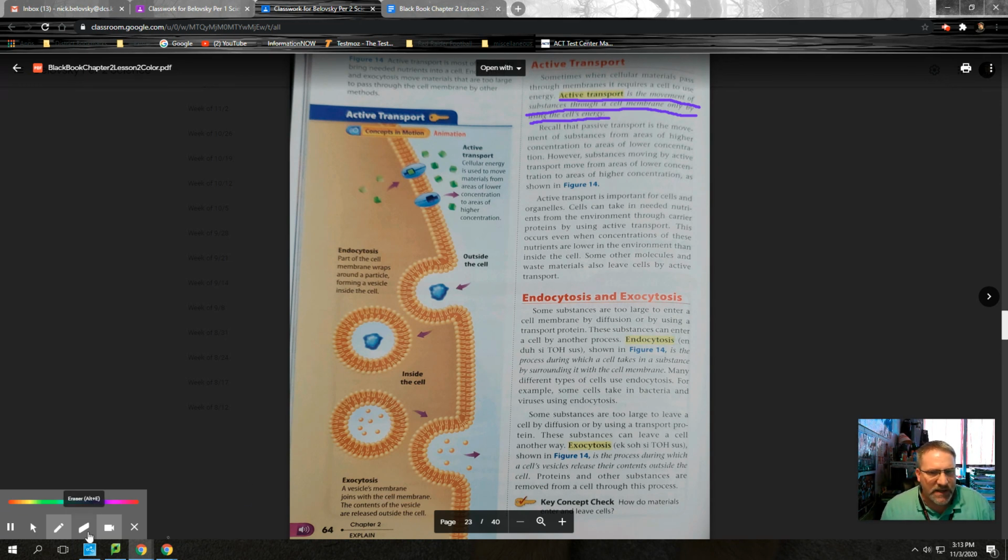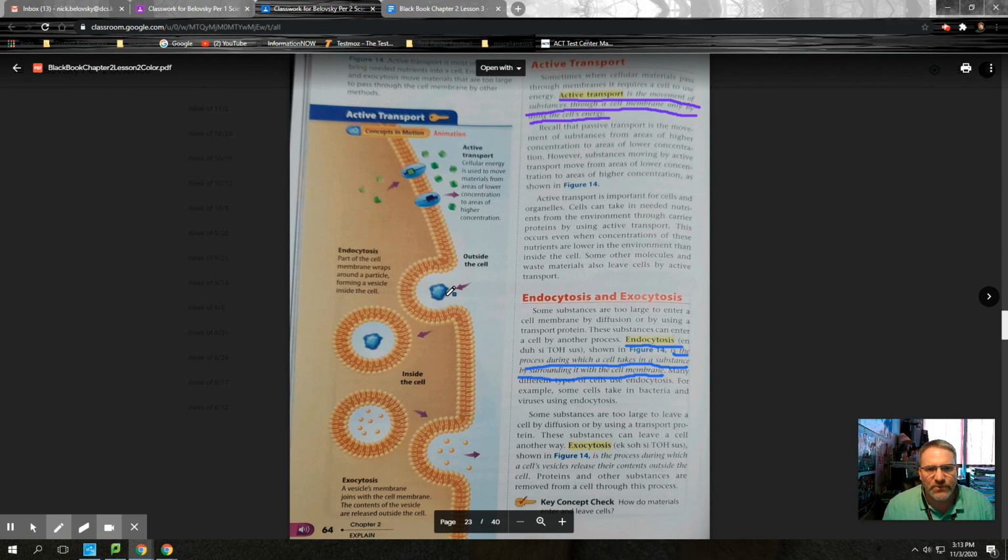And one of them is endocytosis here. So let's pick out a blue here. Endocytosis is the process during which a cell takes in a substance by surrounding it with the cell membrane. Here is an example of it.